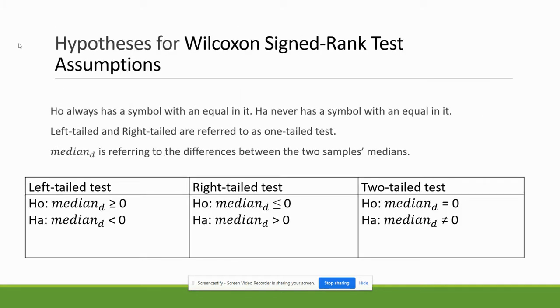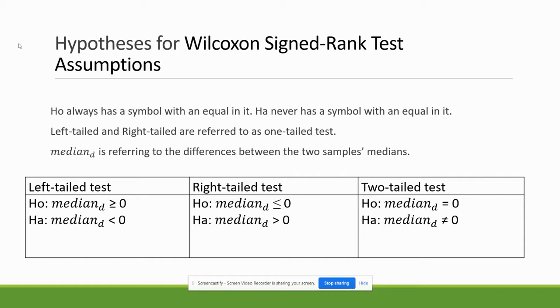All right. And remember, if you go back and look at your paired t-test, I had a slide on the hypothesis. Here's the hypothesis for the Wilcoxon signed rank test. For the left-tailed test, the null is the median difference is greater than or equal to 0, and the alternative is the median difference is less than 0.